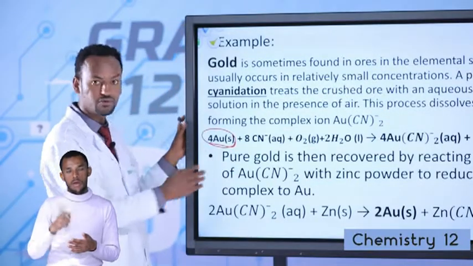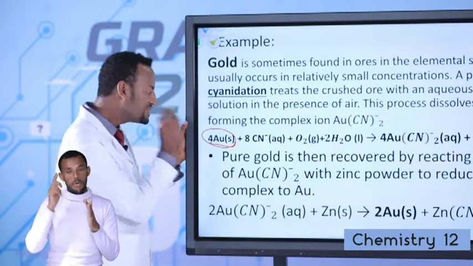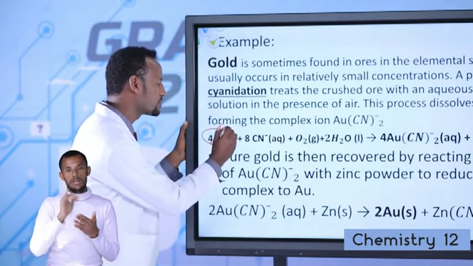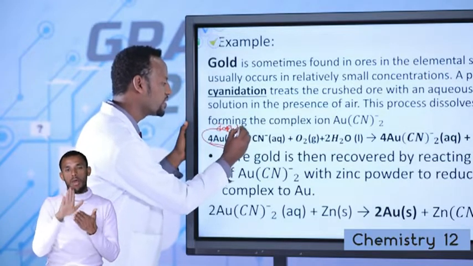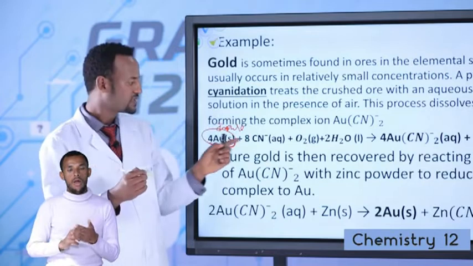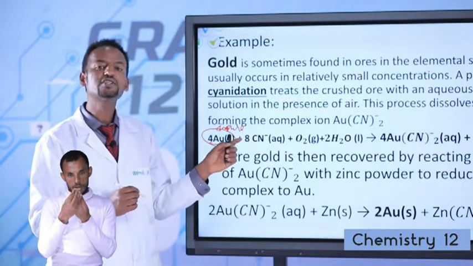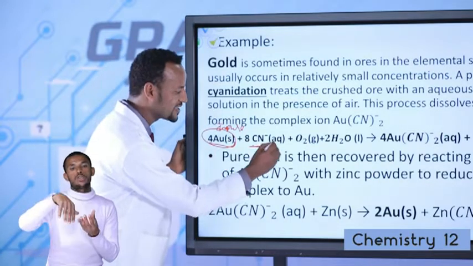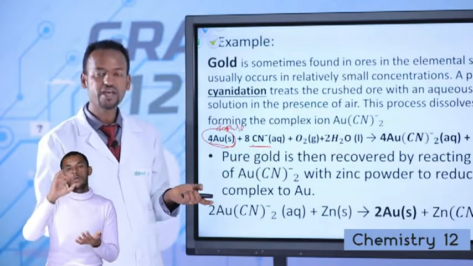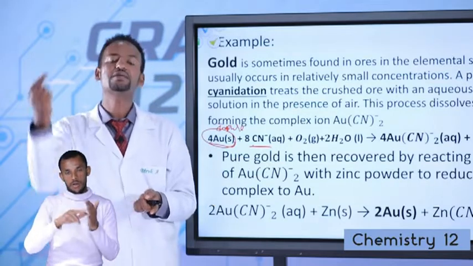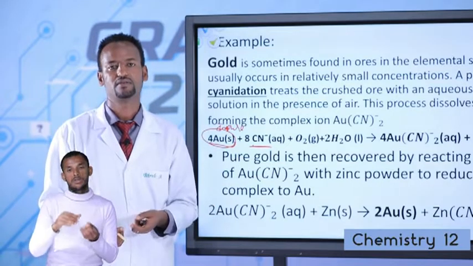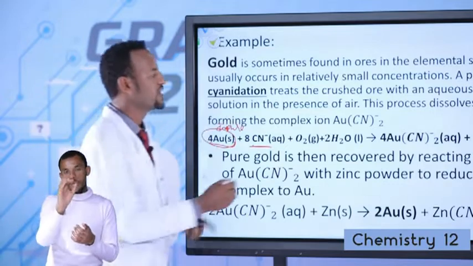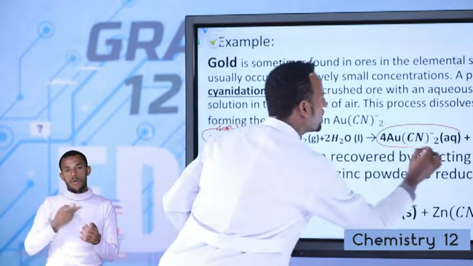This is gold, Au, the symbol of gold. But this gold is impure. Impure gold is treated with an aqueous solution of cyanide in the presence of air, oxygen. AQ means aqueous. Finally, it gives a gold complex. This is the gold complex.